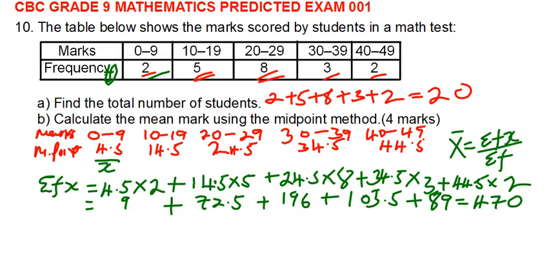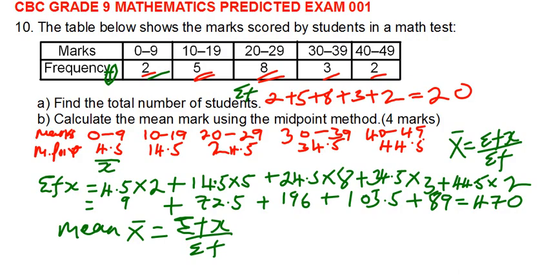So the mean, x bar, is equal to the summation of fx divided by the summation of f, the number of students.